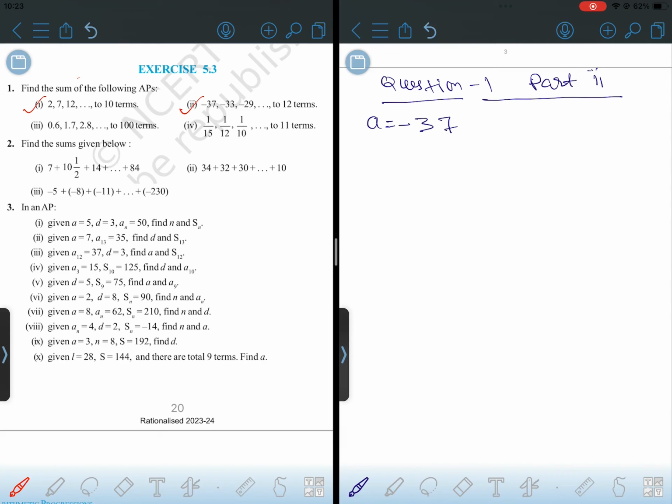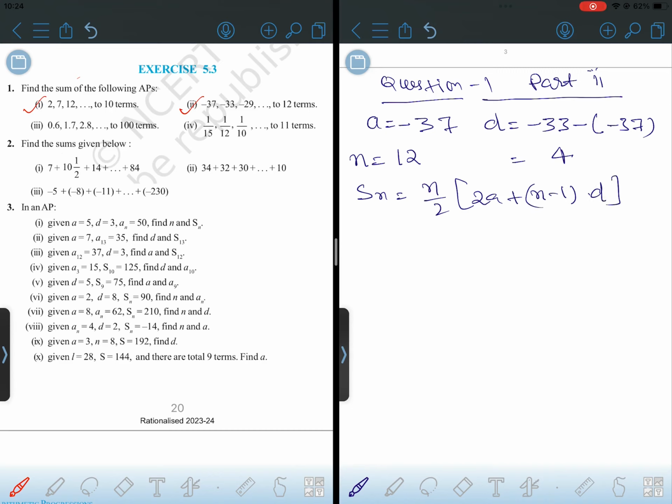To find d, we have to subtract the first term from the second term, that is minus 33 minus bracket minus 37, and that gives you 4. We are also given the number of terms, that is n is equal to 12, right? And we will utilize the same formula, Sn is equal to n by 2, 2a plus (n minus 1) into d.